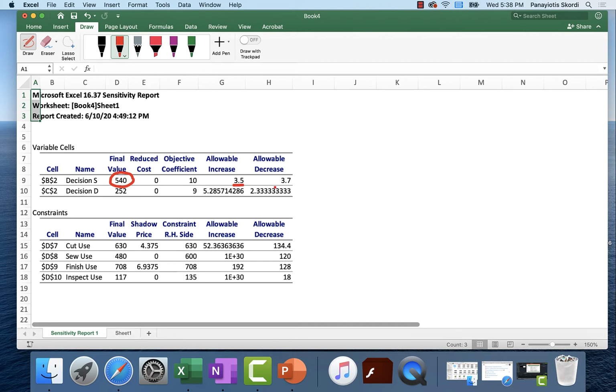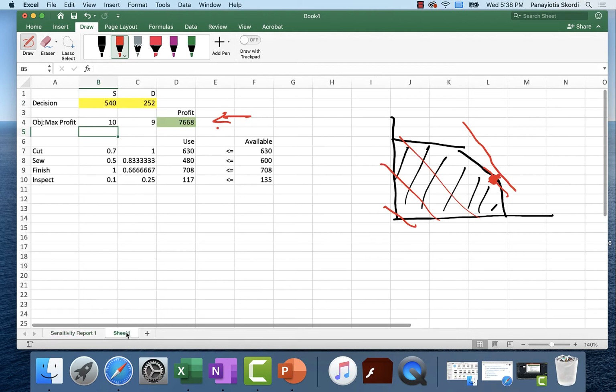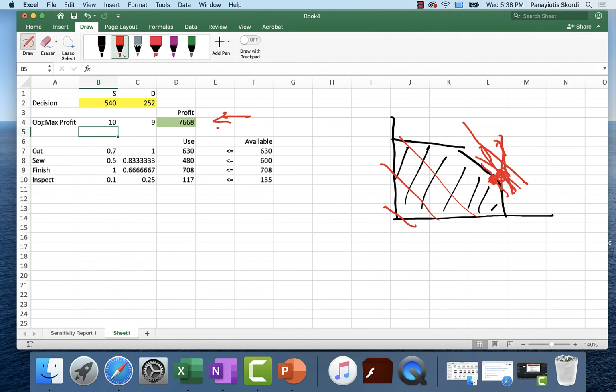Doesn't matter what the amount is, I can increase it or I can decrease it. So that means there's flexibility, and what that means in this case is that this contour line, even if I change the angle of it, I'll make it a little bit more steep or a little bit less steep. If I twirl it around here, it's still only going to hit at this one point. And that means there's only one solution.